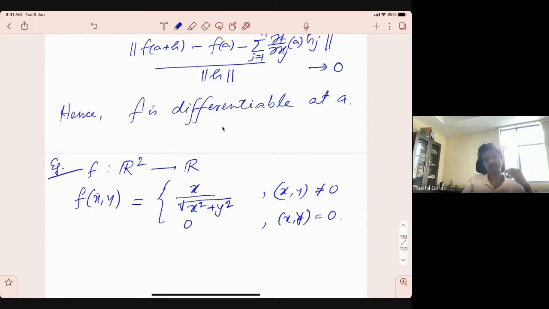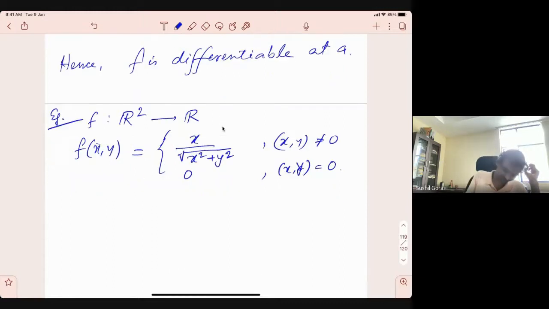Right? Now the question is, is it continuous?